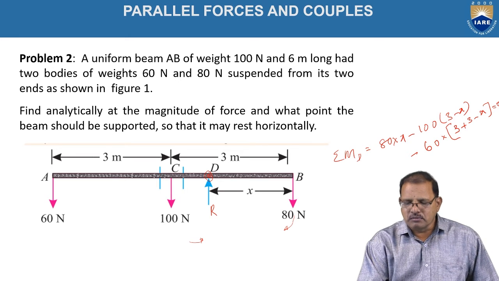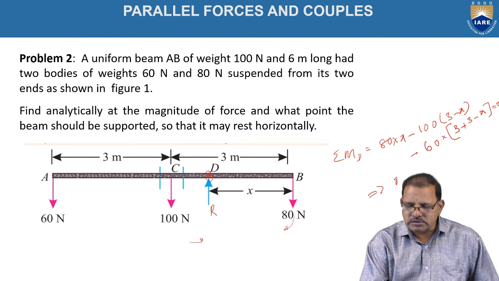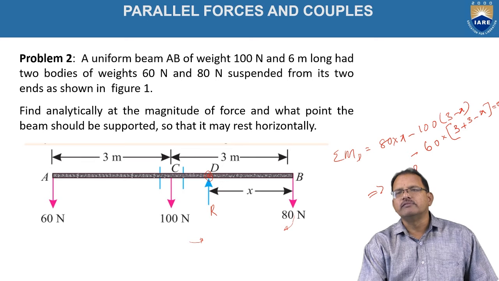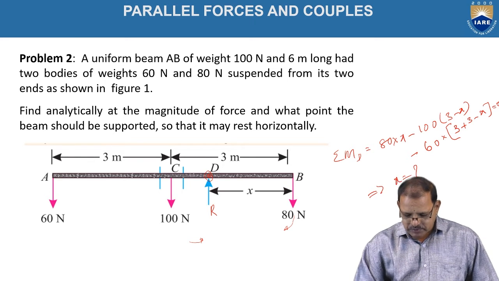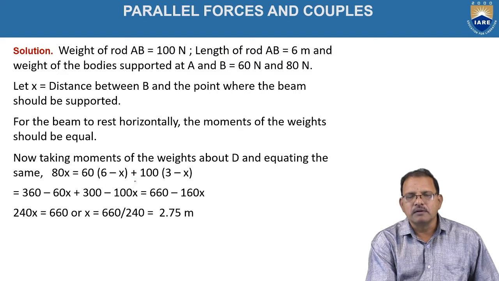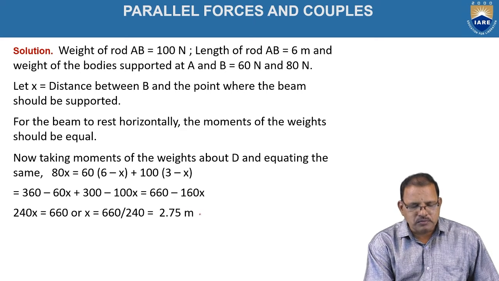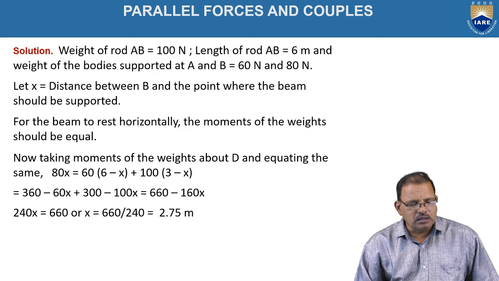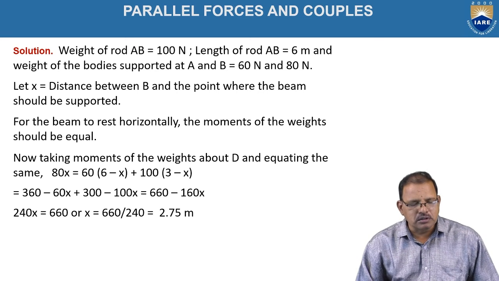By using this relationship, we can determine the value of x, that is, where the load should be supported. So from this relationship, 80 x is equal to 60 into (6 minus x) plus 100 into (3 minus x). On solving this, we get x equal to 2.75 meters.